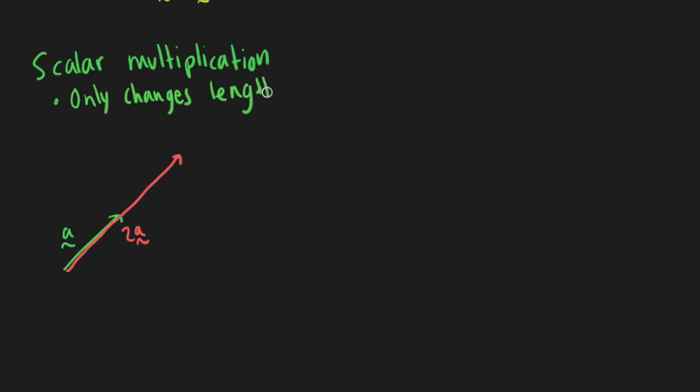And if you were to look at this algebraically, it's just as simple. For example, let's say that A was equal to 2i plus 3j. So what's 2A? Well, you just multiply, in fact I will do this in red. So you just multiply the i component by 2 and the j component by 2.